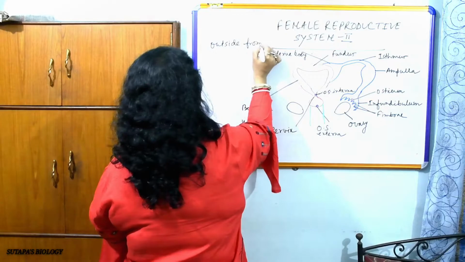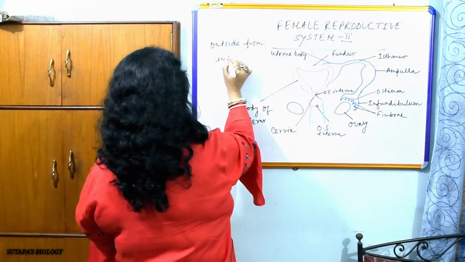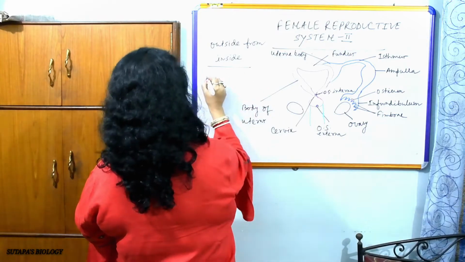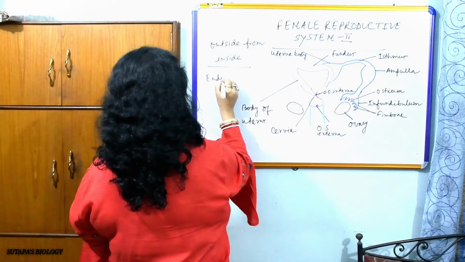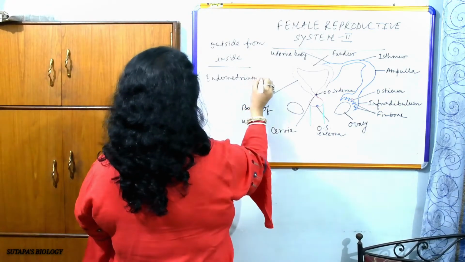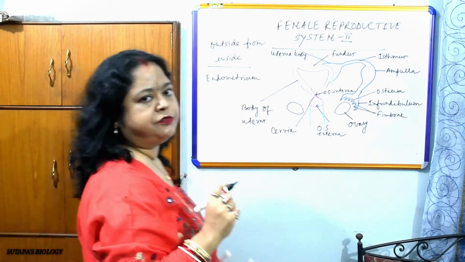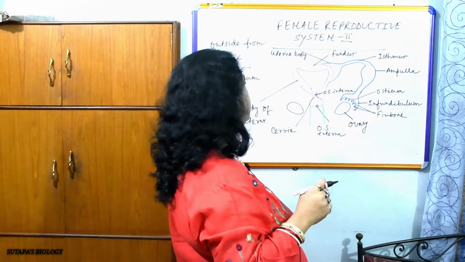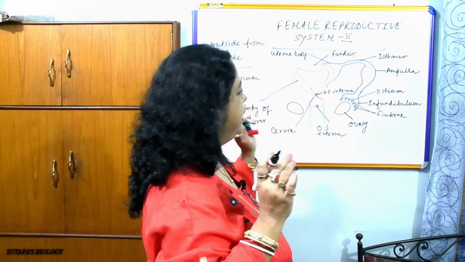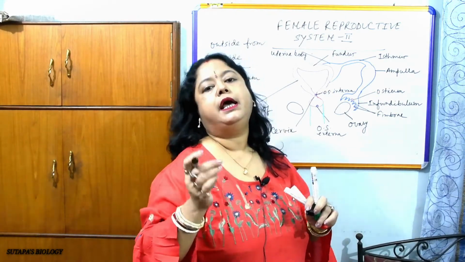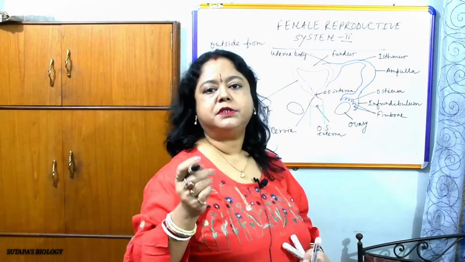In the innermost is the endometrium. This is a vessel-rich structure, rich with blood vessels, and that's why during the menstrual cycle, as I have told you, the breaking of the endometrium takes place and it causes the massive bleeding.